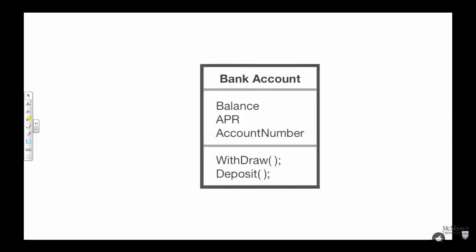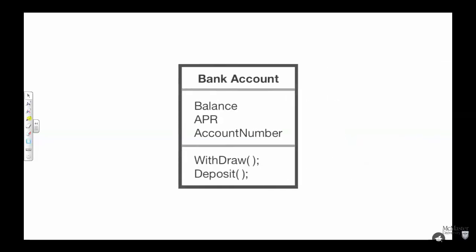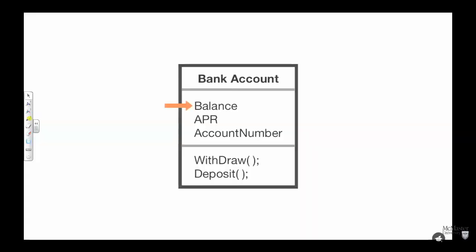We have users with bank accounts. Now, a bank account has a balance. Do we want any part of our program to just modify the balance? Well, maybe not. Let's say that every time the user deposits money or withdraws money that affects the balance of that account, we want to keep an audit, a record of all of the deposits and withdrawals on that account.